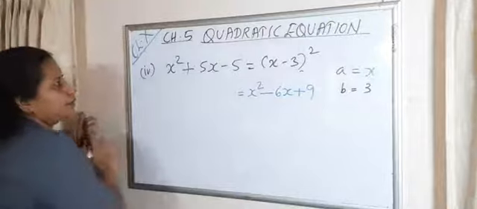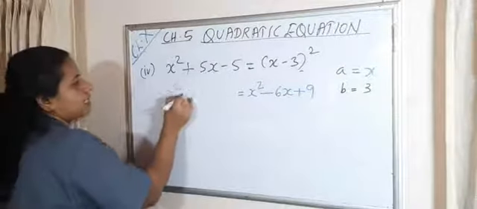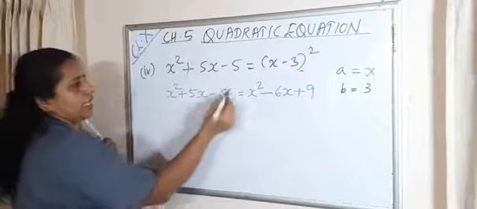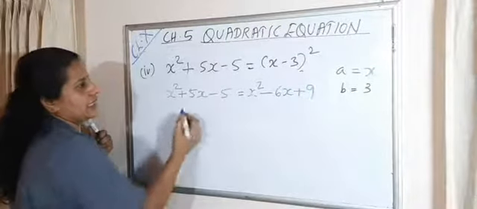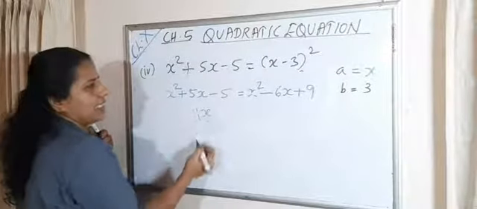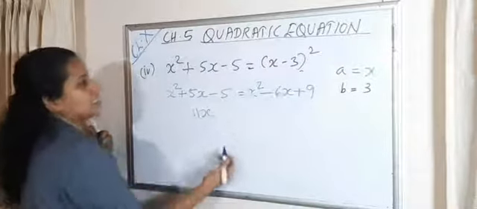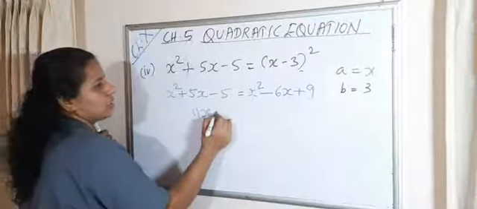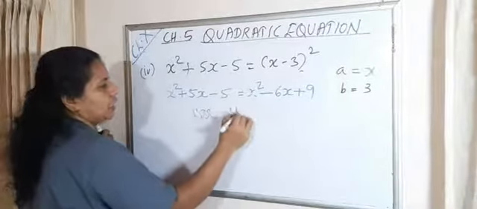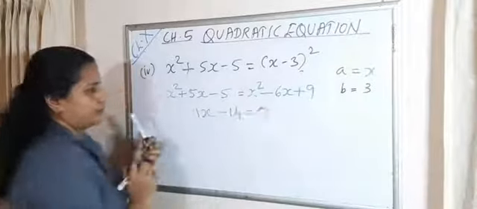And here x square plus 5x minus 5. Okay, x square cancelled. Then 5x plus 6x is 11x, minus 5 minus 9 is equal to minus 14 equal to 0.